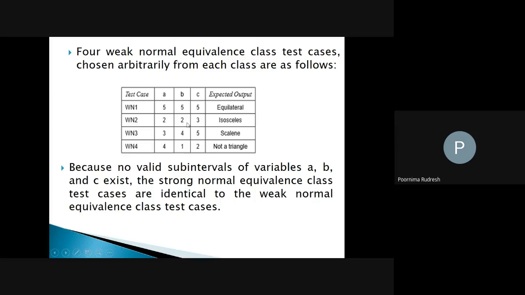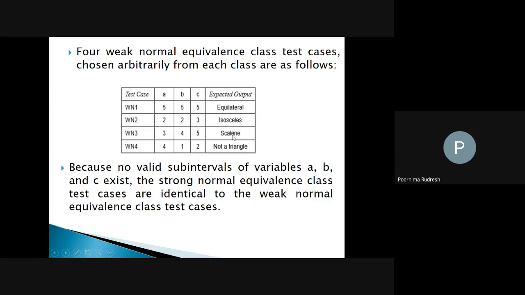Since here A and B are of equal value, we say that it is an isosceles. Next, we'll consider one more test case for the scalene. So here A is equal to 3, B is equal to 4, and C is equal to 5. Means none of the sides are equal to the other two, right? So each side has a different value, then we say that the triangle is a scalene triangle.